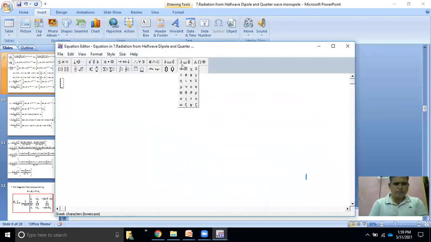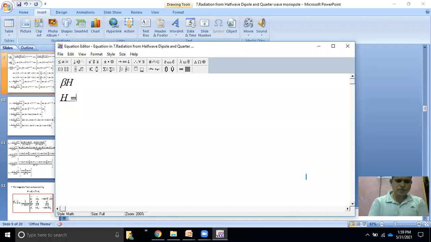We want to calculate beta multiplied by h. What is h? H is equal to L by 2. What is L? Length of the dipole antenna. L is equal to lambda by 2. Therefore, h is equal to lambda by 4. What is beta? Beta is equal to 2 pi by lambda, right?